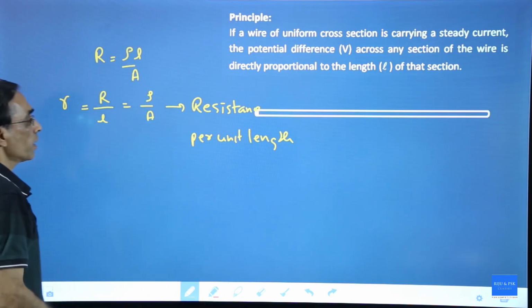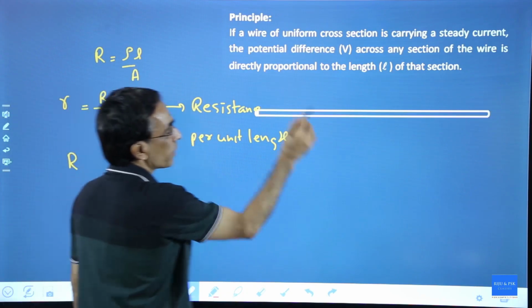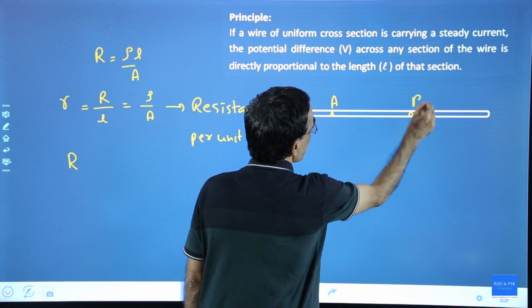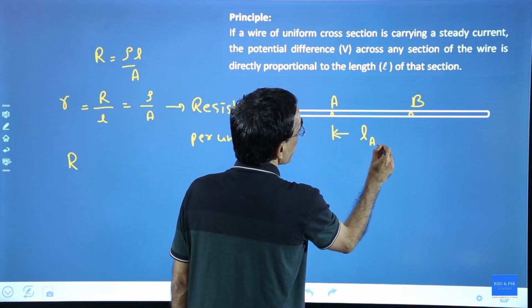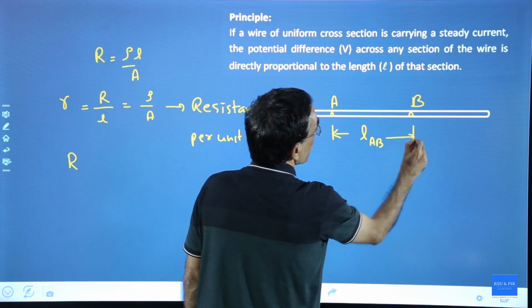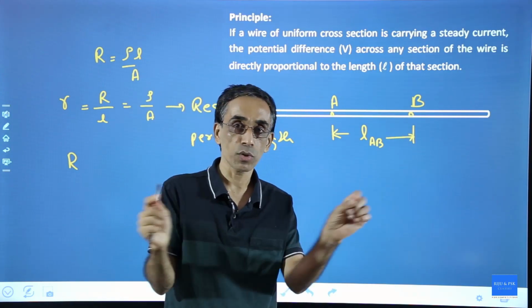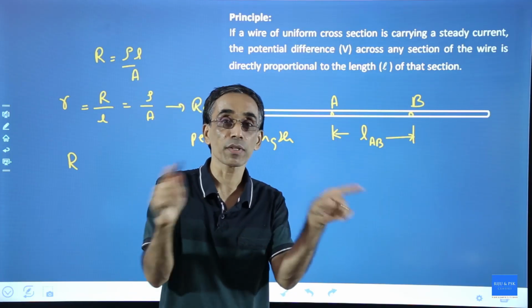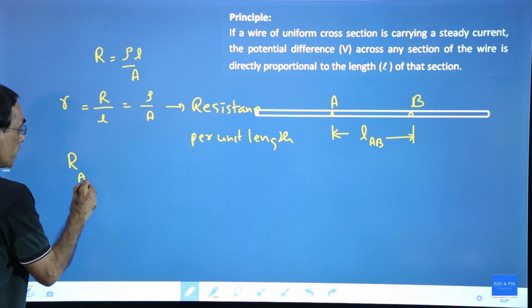What is the resistance between, like you have a wire here, I take a point, let me call this point A and let me call this point B, and the length of the wire between the points is LAB. A and B are two points on the uniform wire. LAB is the length between those two points.